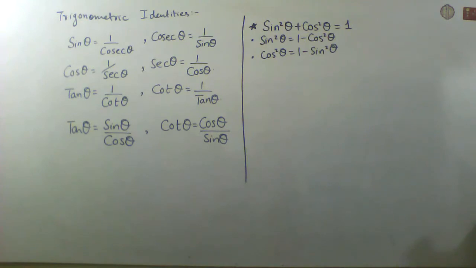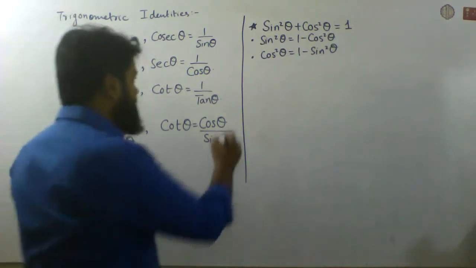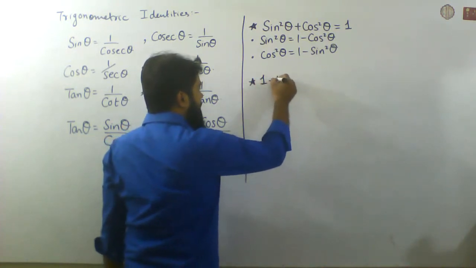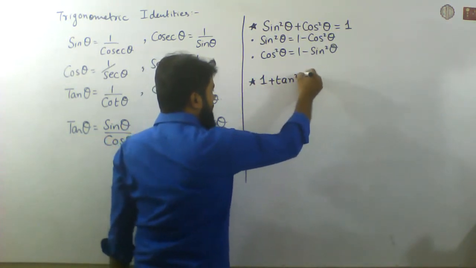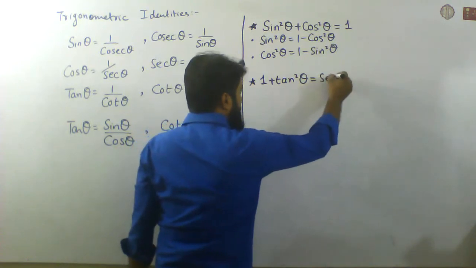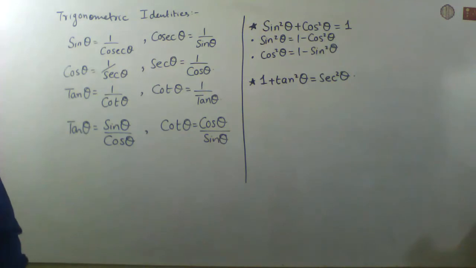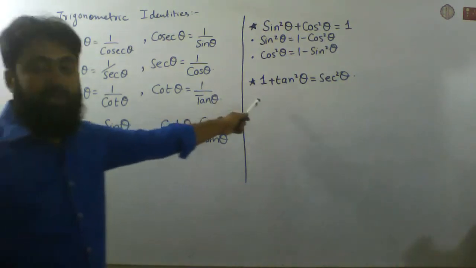Okay. The second one which we have got is 1 plus tan square theta equals sec square theta. That is another squaring property.